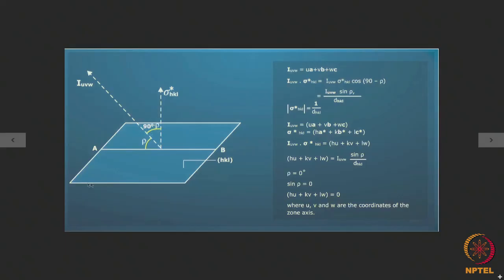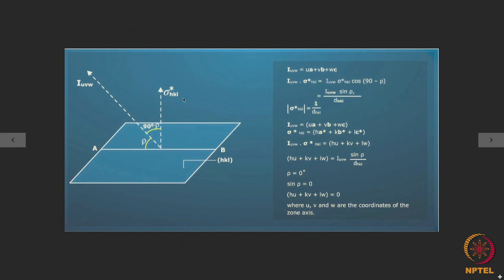Say for example, we have a plane HKL plane in the real lattice. This is the line on the plane. Say this is a direction perpendicular to the plane, and I have written sigma star HKL.